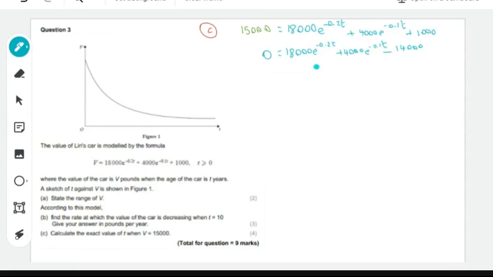Oh, this looks nice. Everything is a multiple of 1,000. In fact, everything's a multiple of 2,000. Let's divide through by 2,000. 0 equals 9 e to the minus 0.2t plus 2 e to the minus 0.1t minus 7.